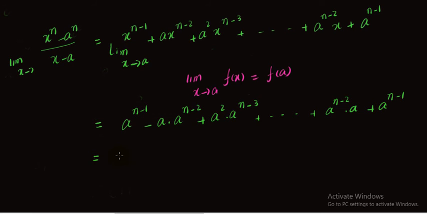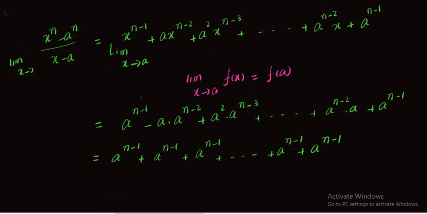So, our first term becomes a^(n-1), the second one is a into a^(n-2), so it again becomes a^(n-1), since n-2 plus 1 is n-1. Similarly, n-3 plus 2 is n-1, a^(n-1), and so on. Our second last term is a^(n-1), and the last term is again a^(n-1).